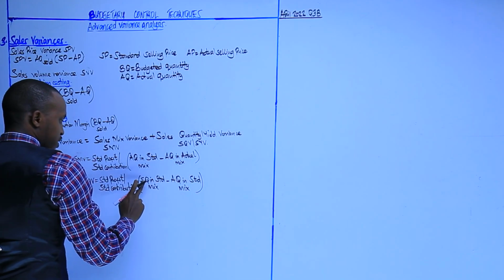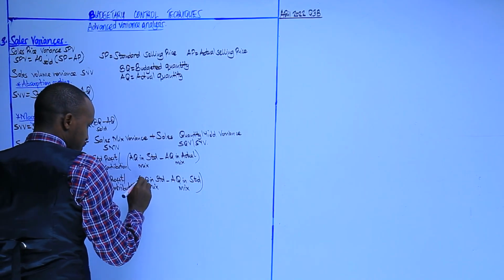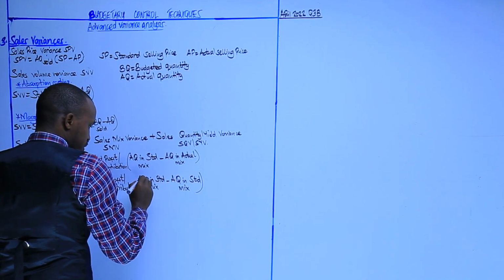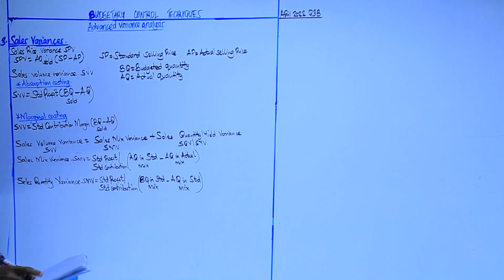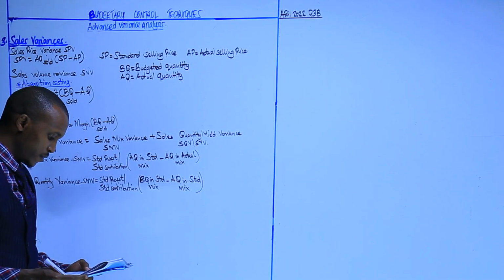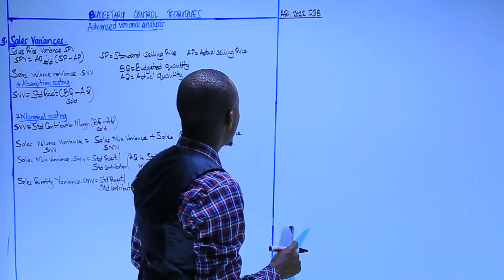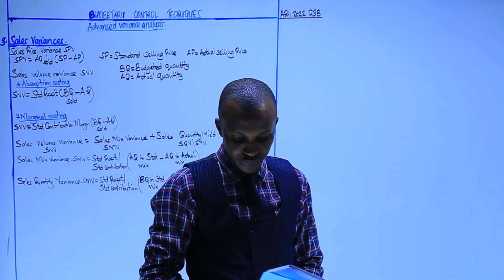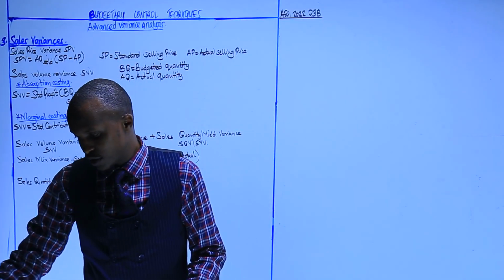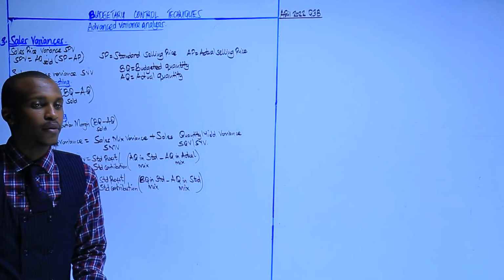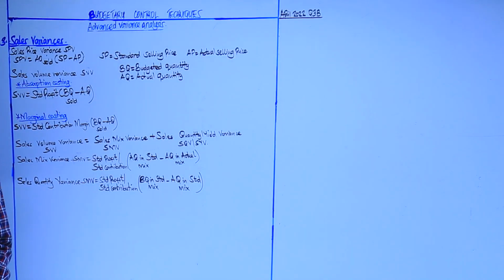Now this standard quantity in standard mix basically means it is your budgeted quantity there. So let's have that as your budgeted quantity. April 2022 question 3B is the question I want us to look at today.